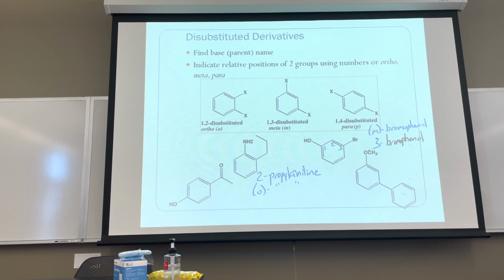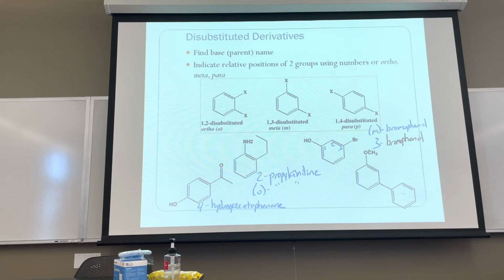So because of that, I'm going to call it an acetophenone, and that's just going to have the OH as a substituent. So I would say it's a hydroxy acetophenone.